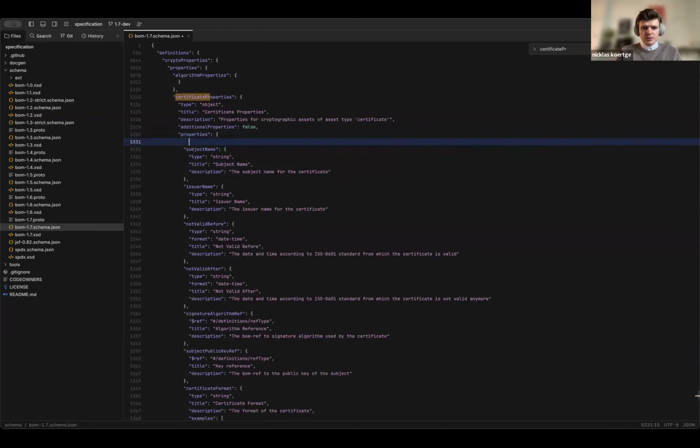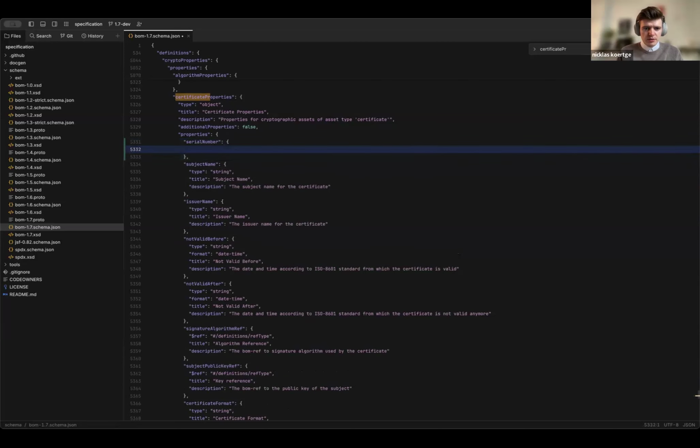And so we had something, serial number, adding here like that, and having it as, I think it was type string, wasn't it? Yes, it is a string.